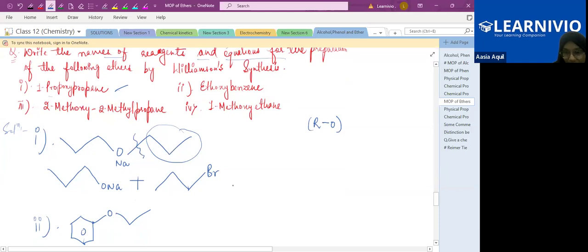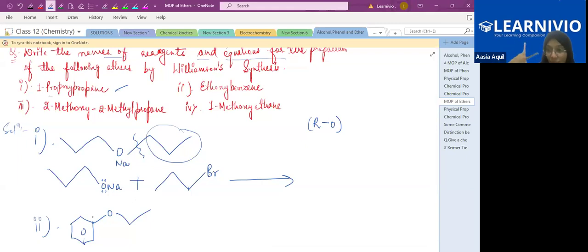So these are the reactants, and what will be the mechanism over here? I've already explained it to you. This oxygen has a lone pair, right? Now tell me, Aisha, which one of these reagents is the nucleophile and which one is the substrate? Because in nucleophilic substitution there must be one nucleophile and the substrate, two components.